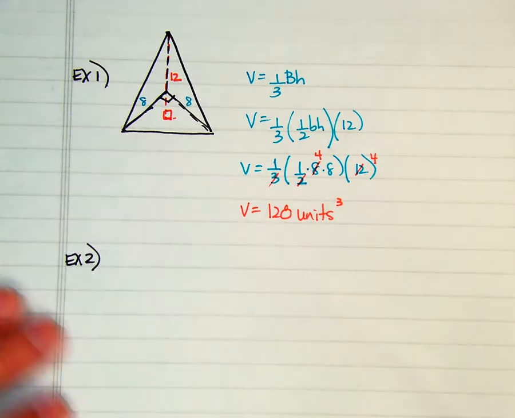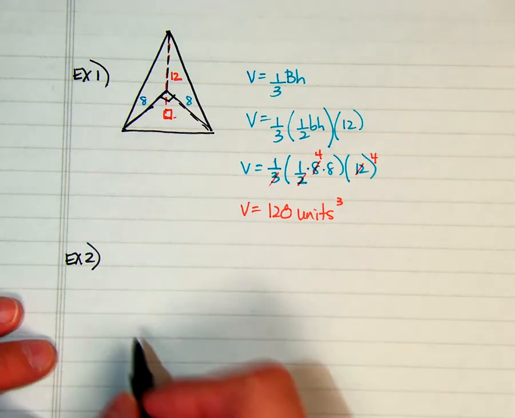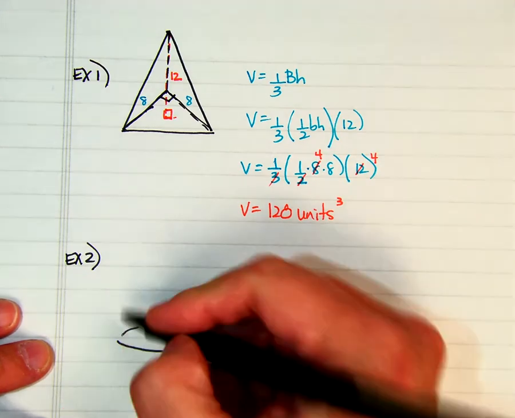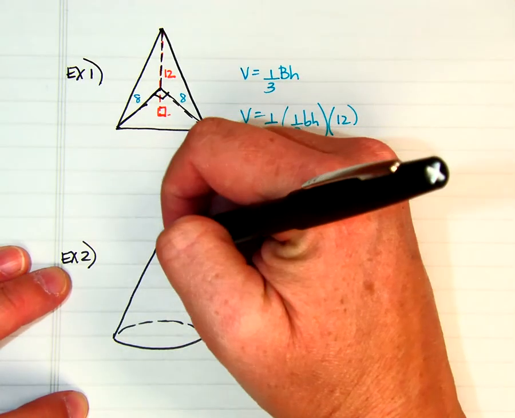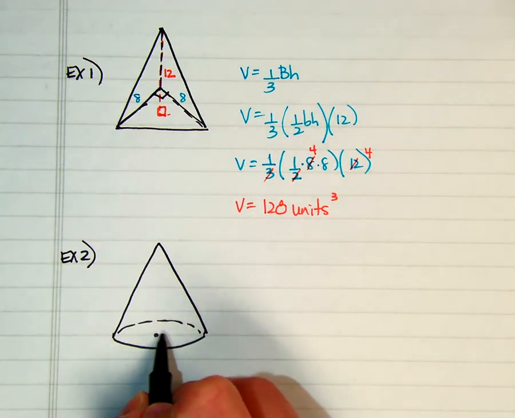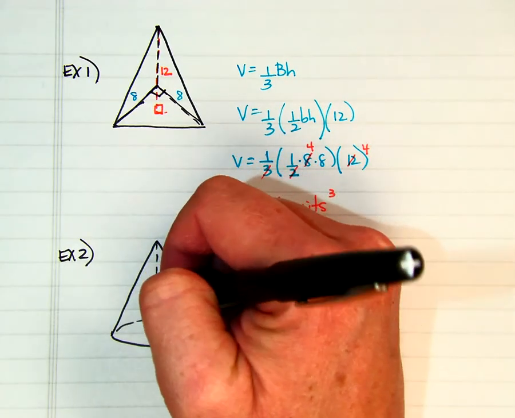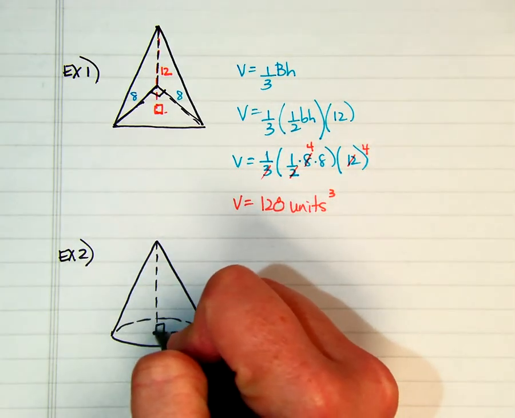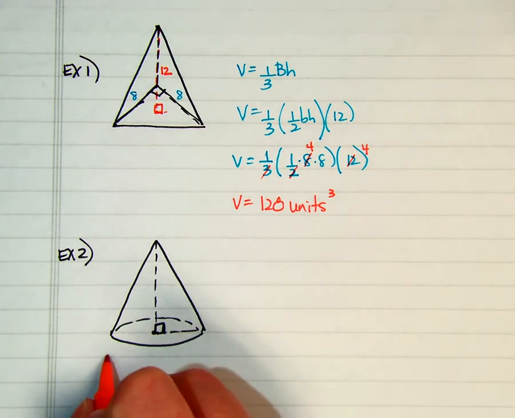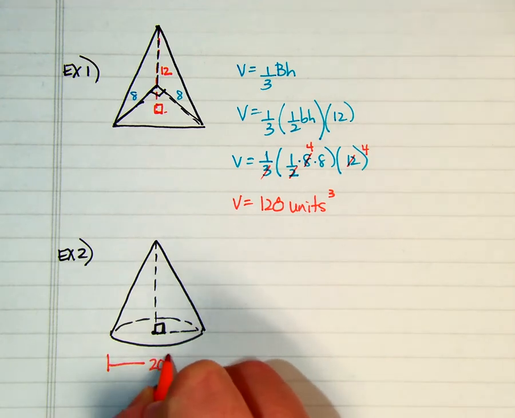Example 2. If we are dealing with a cone, okay, we're going to kind of step this one up a notch. I'm going to tell you that the diameter is 20 inches.